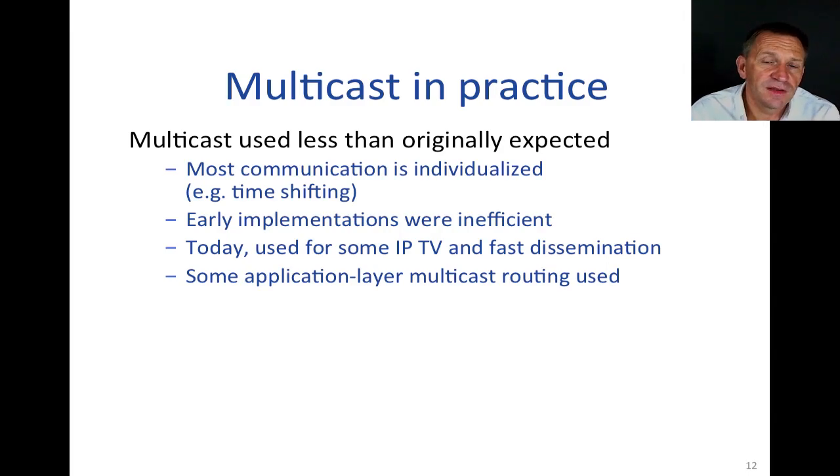Also, some of the early implementations were pretty inefficient, like DVMRP, and were found to have scaling problems. And so it reduced some of the interest or the enthusiasm that people had for introducing multicast. Today, it is used for some broadcast IPTV dissemination, and some applications do a sort of application layer specific multicast, not using the network infrastructure, but building their own overlay tree for themselves.